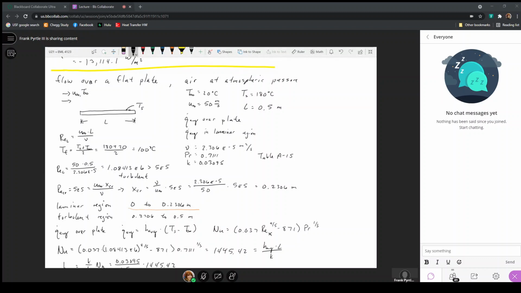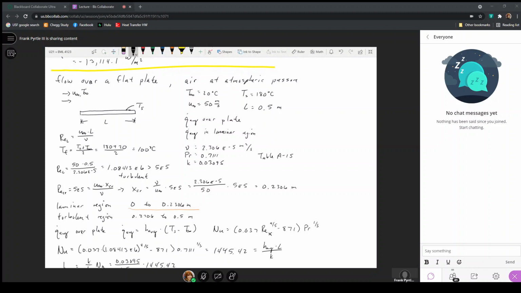So that says that I would have an average heat transfer coefficient that exists in the laminar region, an average heat transfer coefficient that exists in the turbulent region, and the expression of the average heat transfer coefficient over the plate would be essentially a weighted average according to the length of the laminar region and the turbulent region.